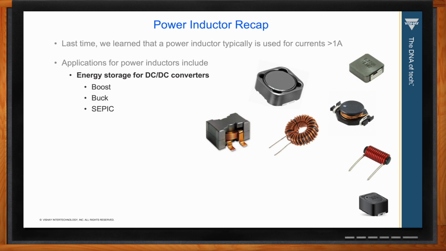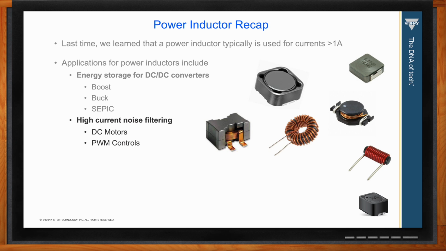And then they're also used for high current noise filtering. And this might be in DC motors, speed controls, or anything with a pulse width modulation control that would have sharp voltage peaks. And maybe that would be a LED brightness control that puts noise on the line. And we're going to be talking about that type of noise a little bit later.